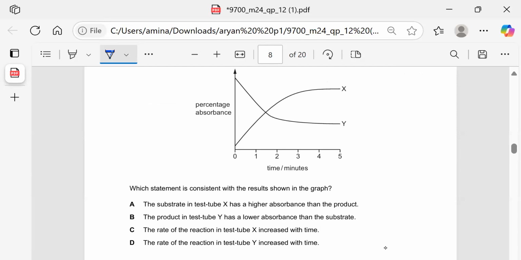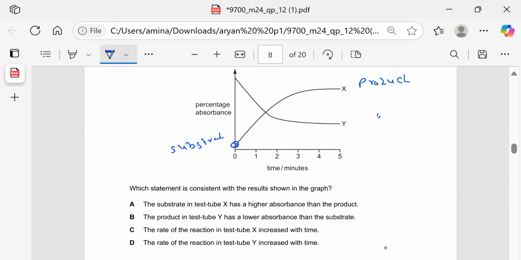The first choice is telling me the substrate in test tube X has a higher absorbance than the product. If I see over here, I have the substrate in X, and here I have the product.